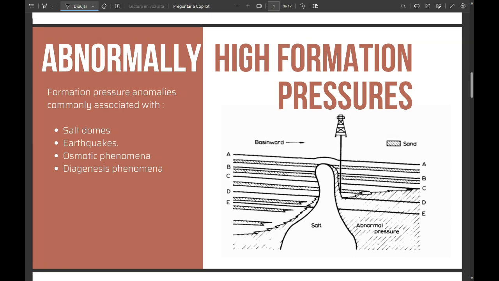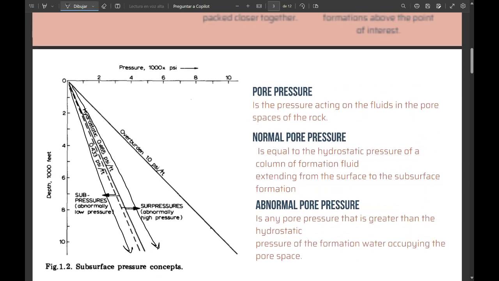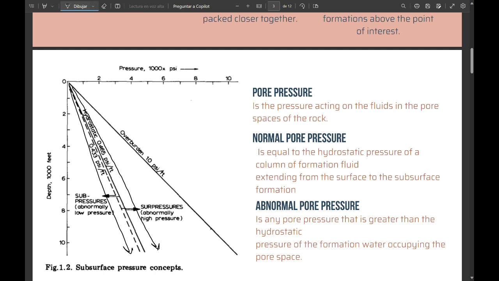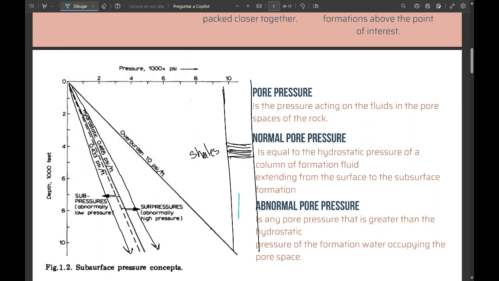Okay, so we are going to see what these abnormally high formation pressures are associated with. But first, in this figure, to understand it better, we suppose that we have shales in this formation, and if the shales have these little pores or low permeability, the fluids cannot pass through.